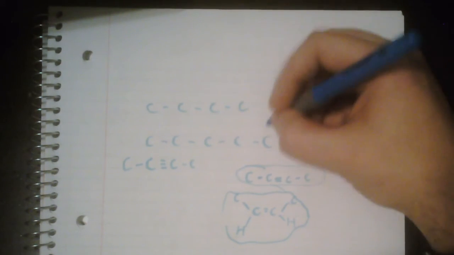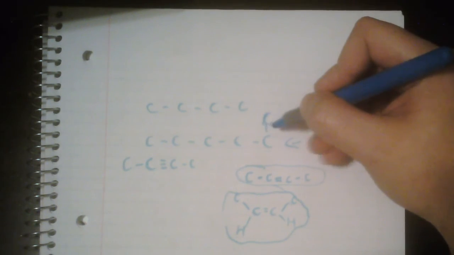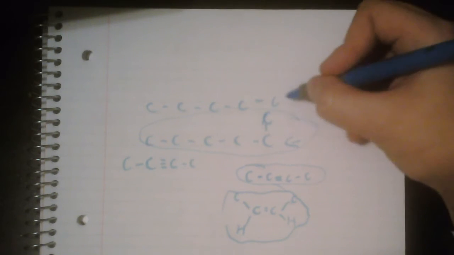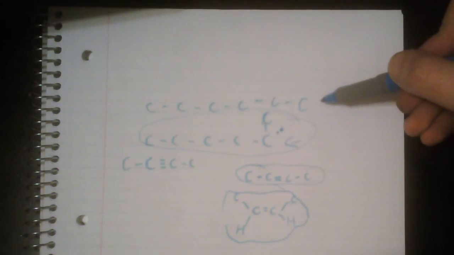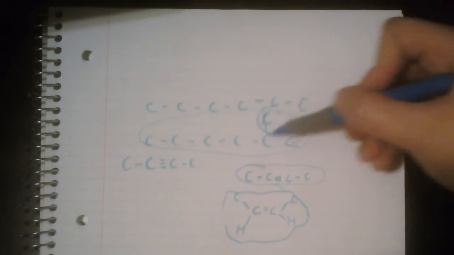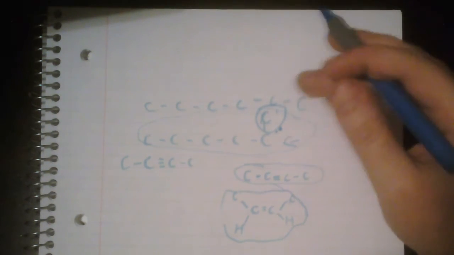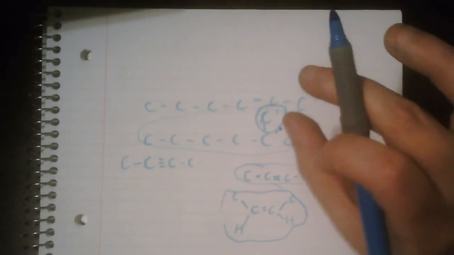But each time you add a substituent, you're basically making it harder for them to stack on top of each other. So two of these molecules would have a lower boiling point than one of these molecules because this molecule is a straight line, whereas this one has that substituent up here, which makes it harder to stack together. Technically speaking, they're very close, but that boiling point does go up ever so slightly because of that.